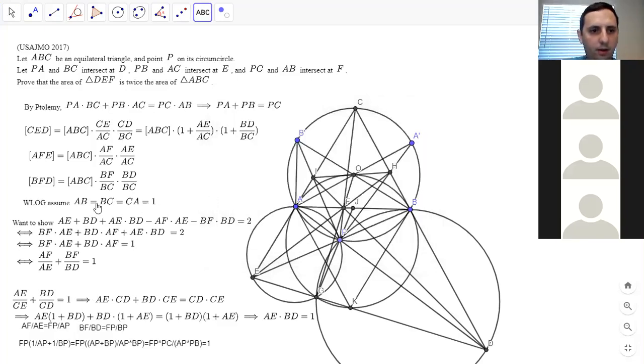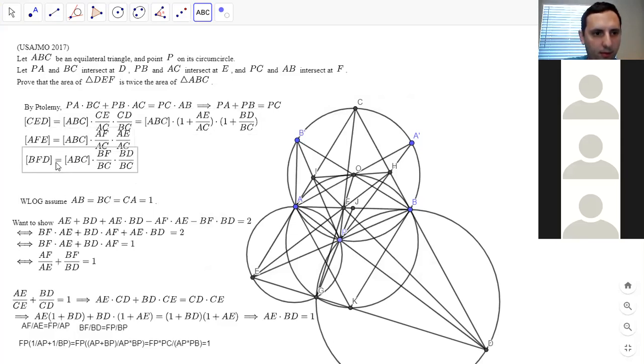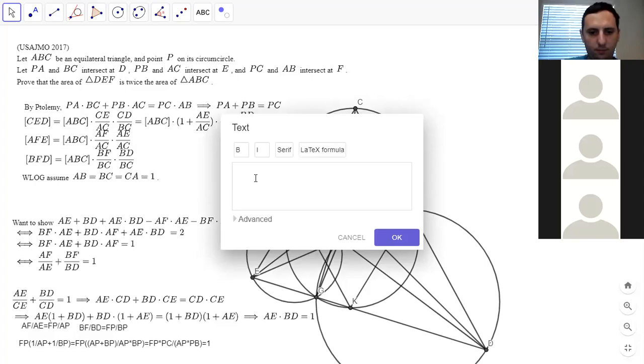And then I'll just add in another step where I say CFD, CED, or DEF is equal to CED minus ABC minus BFD.